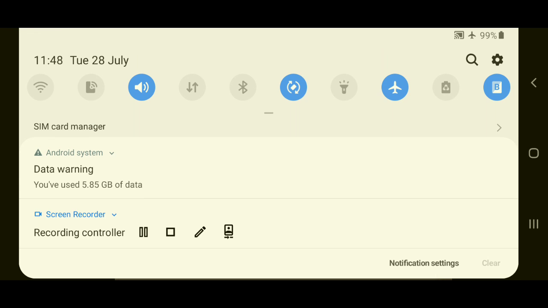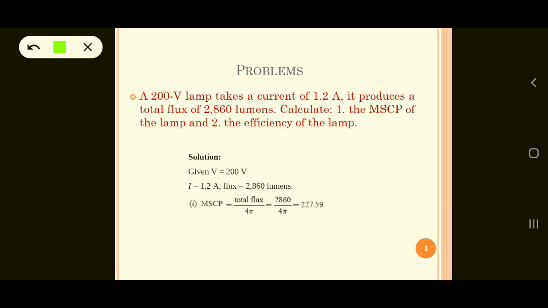We know the standard equation, and in the last class we covered mean spherical candle power: the flux illuminated in all the directions, that is, the mean of candle power of the source in all directions in all planes.